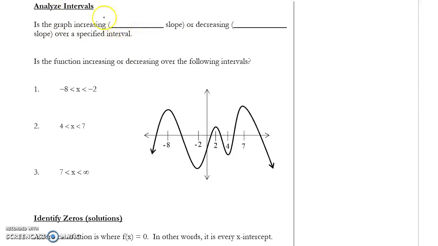You have to recognize what that means. If we're talking about it increasing, that means as I look at this very specific time period, it has a positive slope. So increasing means positive slope. Is it decreasing, which would then be negative slope?